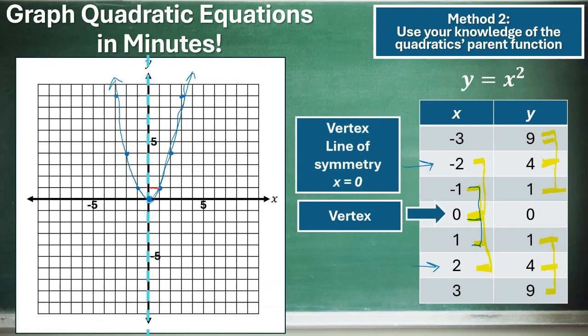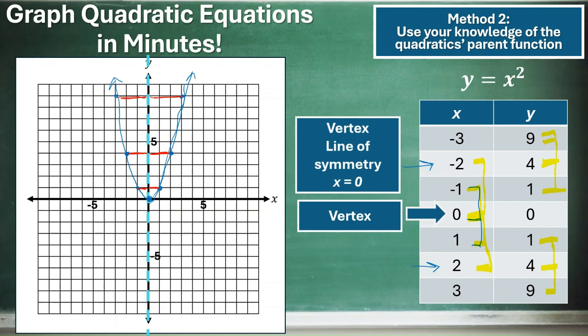This point is exactly 1 unit away from the line of symmetry, as is this one. This is exactly 2 units, as is this one. This one is 3 units, as is this one. So what that means is when we're graphing, using the parent function as a guide, we just follow this pattern over and over and over again.